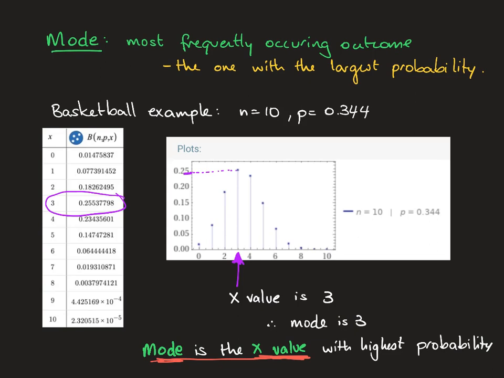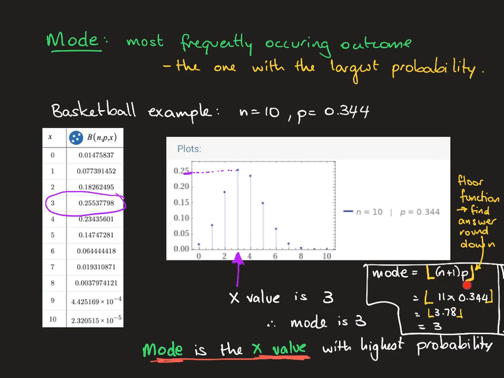And finally, is there a way to work out the mode using just the n value and the p value, like we've been able to work out the mean and the median with our CAS calculator? Well, there is, and it's a little bit of a tricky thing. This isn't actually in the course per se, but you can actually use a formula. And this is the formula here.